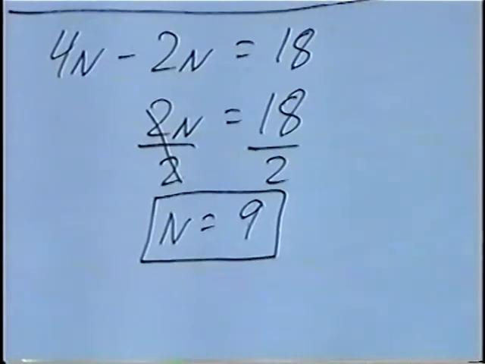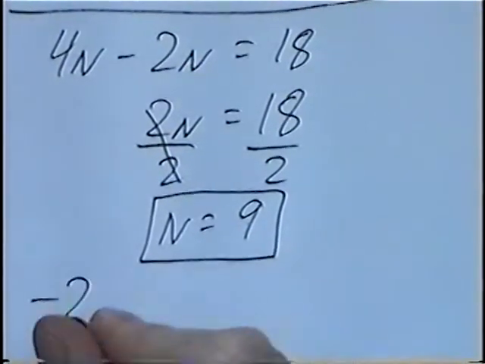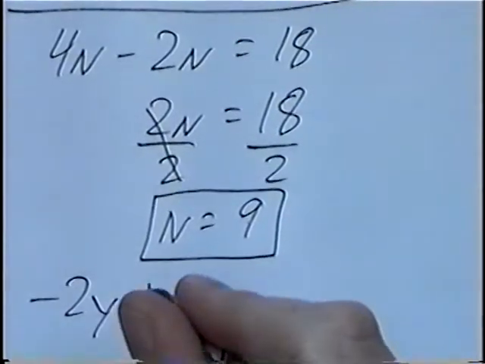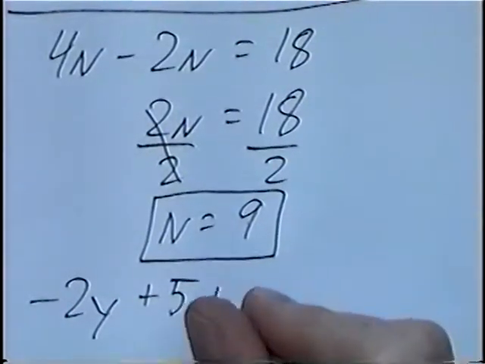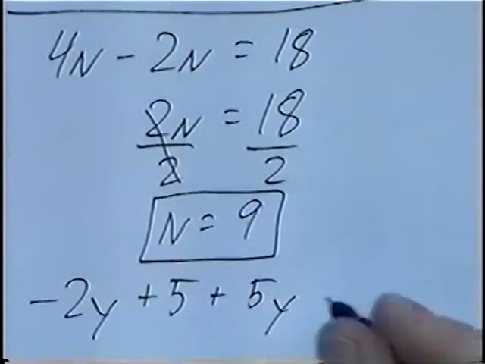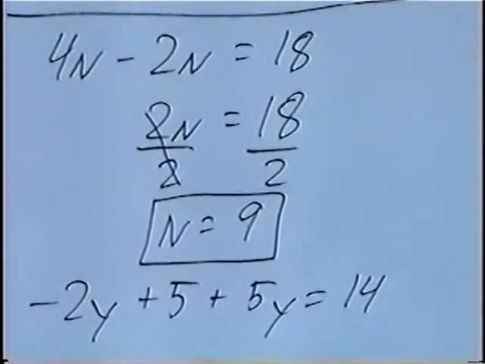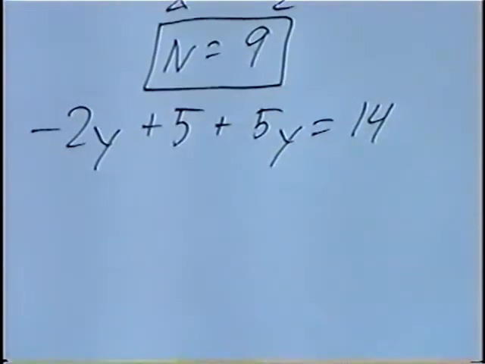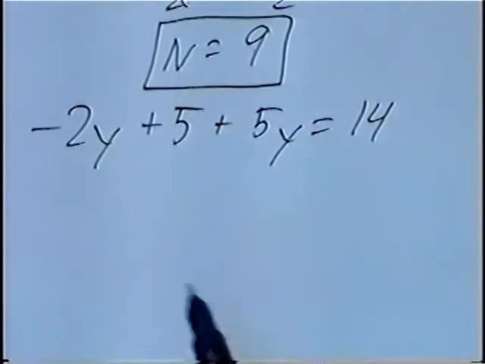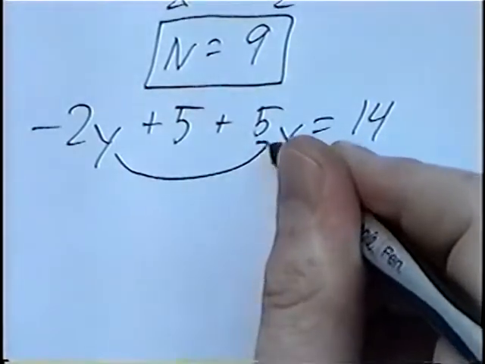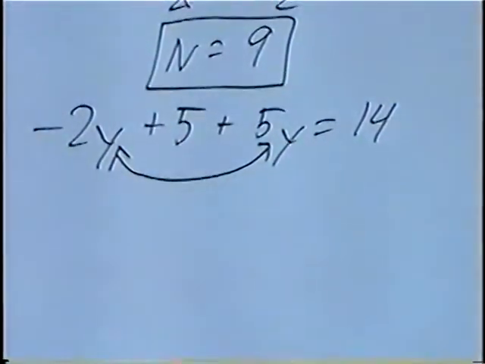Second question, and last question for the section. Negative 2y plus 5 plus 5y equals 14. Again, check to see if we can combine like terms. We have the same variable y on the same side of the equation, so we can combine those.